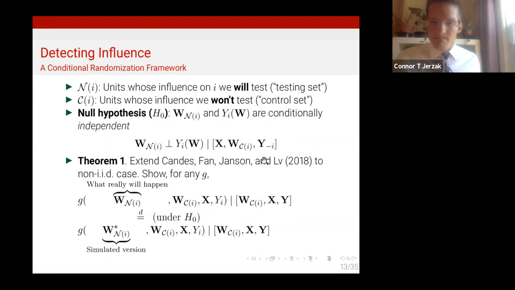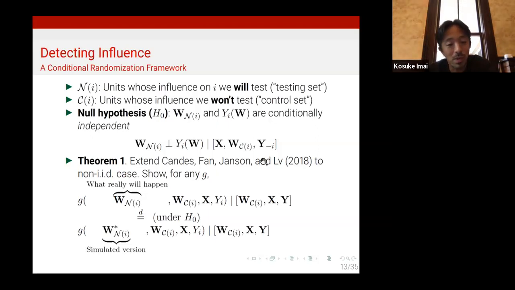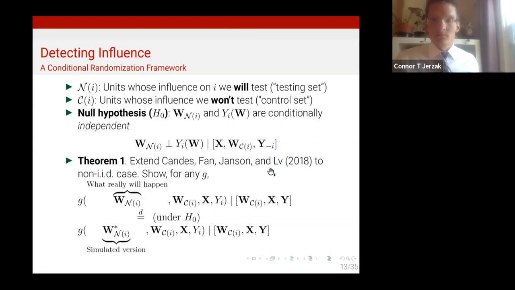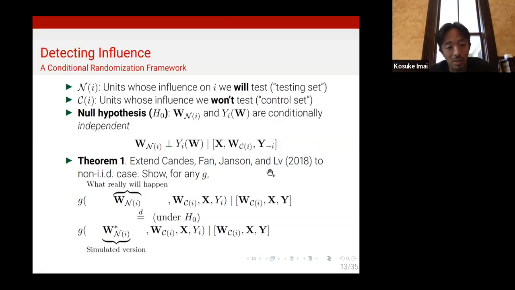I guess I don't have an intuition, because Y minus I is a function of W N of I, right? Because W N of I could affect Y minus I, is that right? It could. So I don't quite understand what that distribution is under the null, the conditional distribution of W's. But maybe I'm missing something.